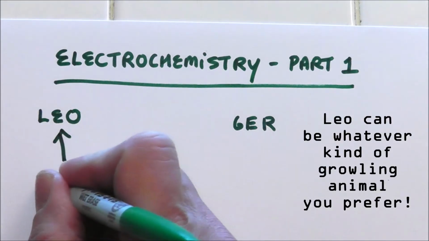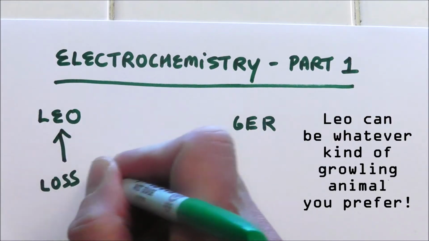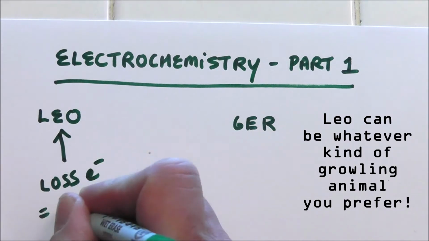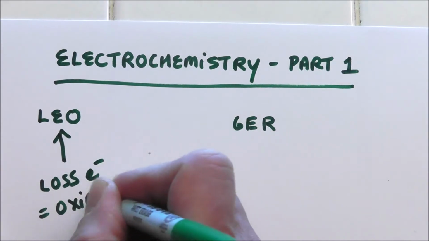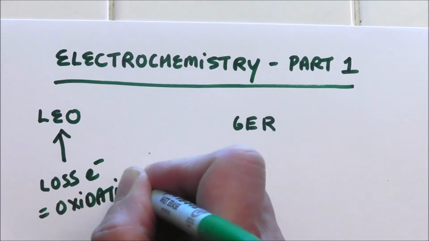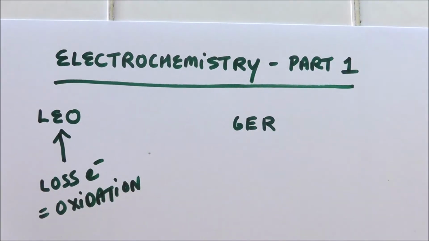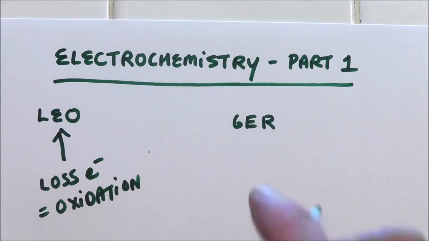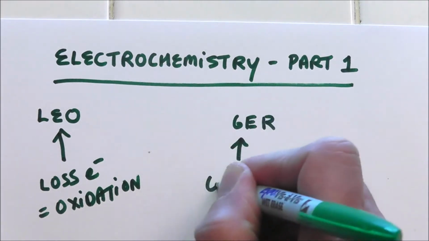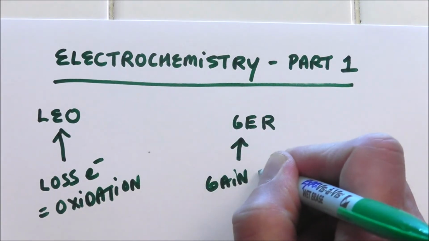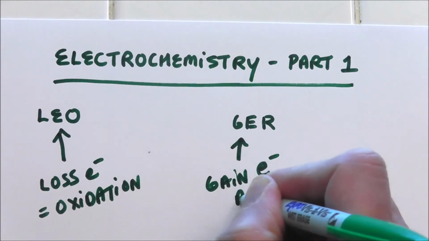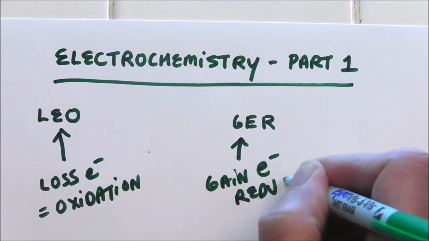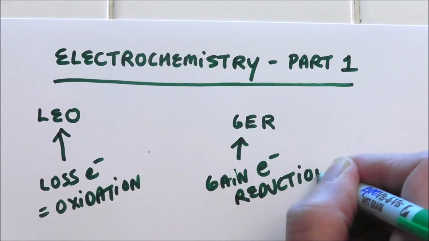That stands for loss of electrons is oxidation, and gain of electrons is reduction. Keep that in mind as we talk the whole time.